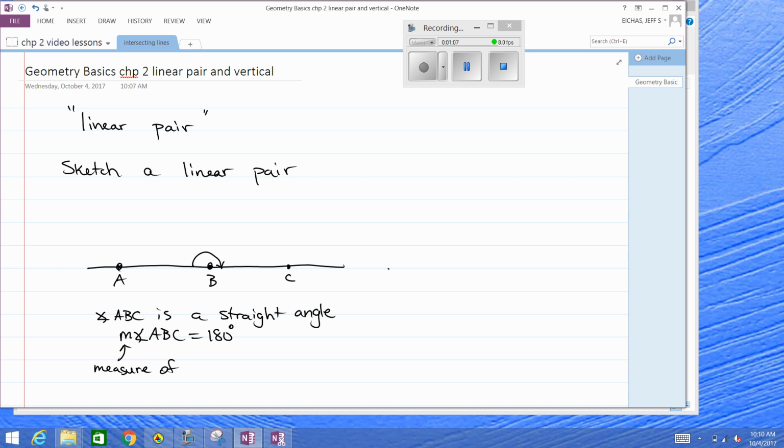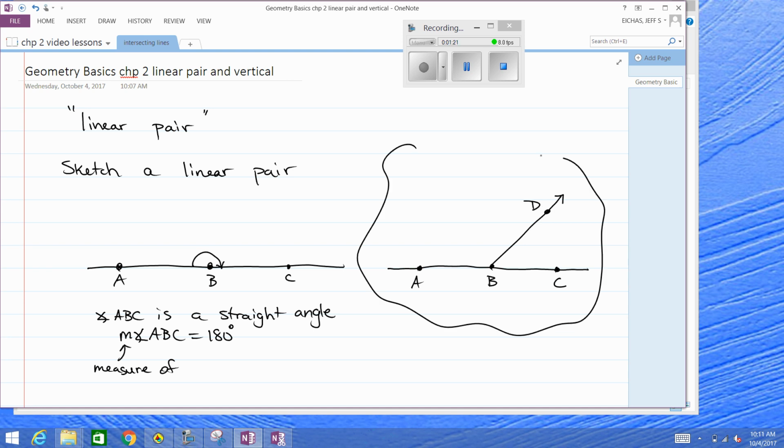Now, to make our linear pair, we do the same setup. We've got a straight angle, and we're just going to end up building this ray here. So this picture right here is exactly what I want to see when I ask for a sketch of a linear pair. Okay, so that'll take care of one of the quiz questions. It'll be that simple.